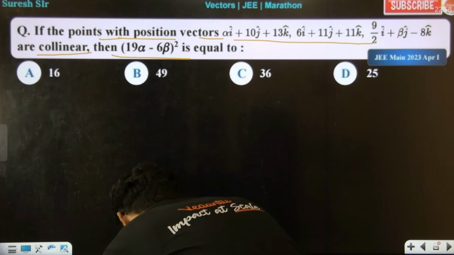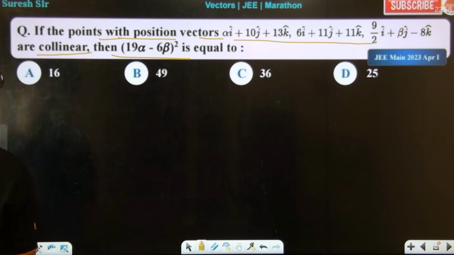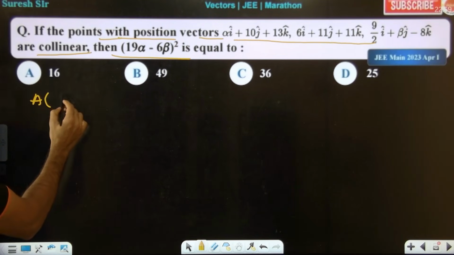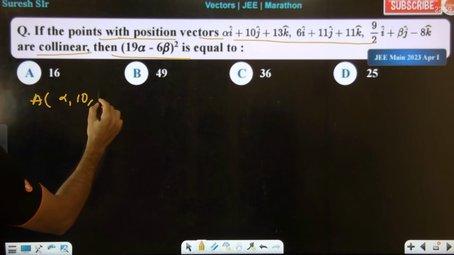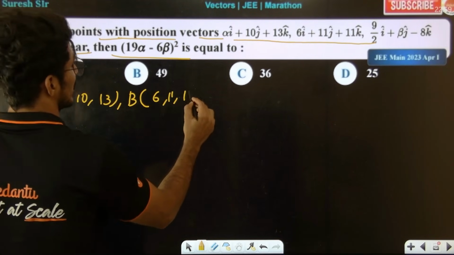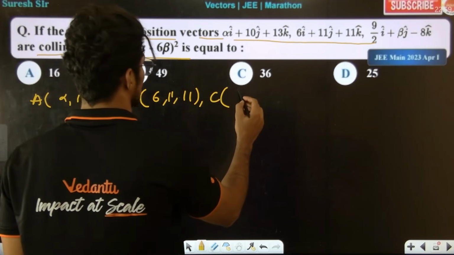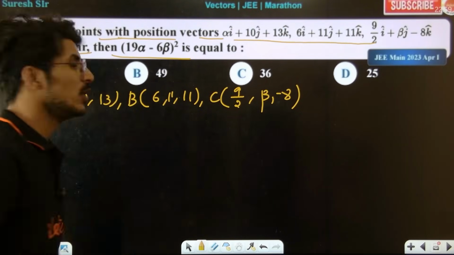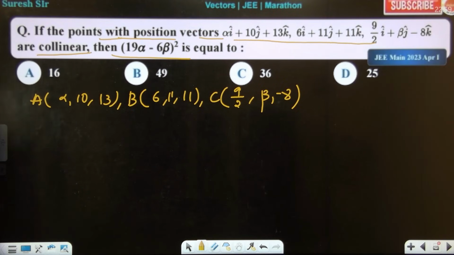Tell me. A, B, C position vectors are given. A is alpha, 10, 13, and B vector is 6, 11. C vector is 9 by 2 and beta, minus 8. Are you getting the point or not?